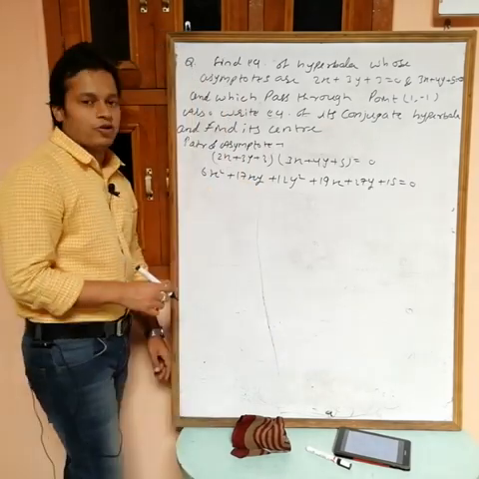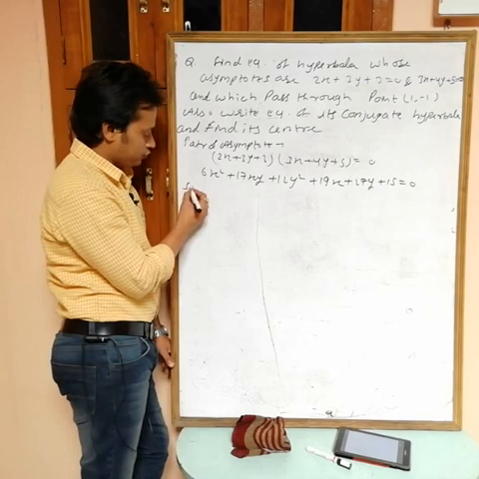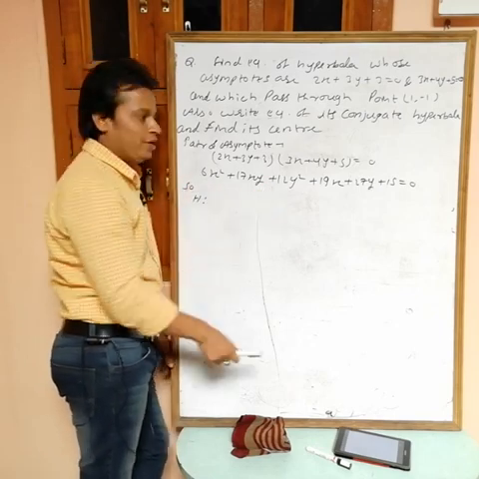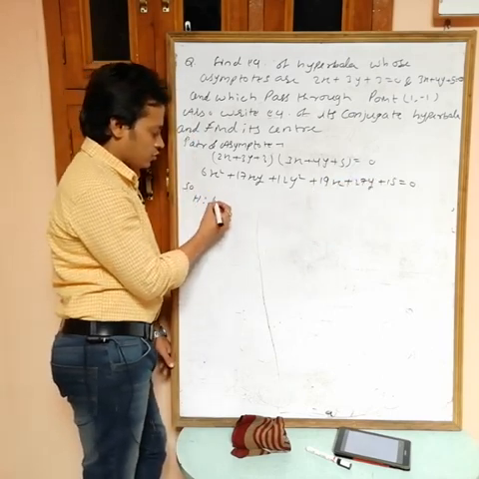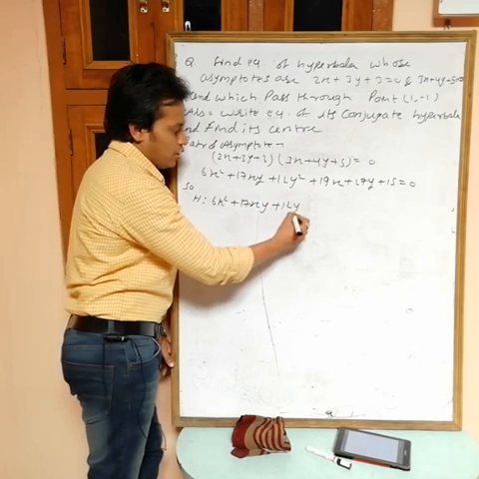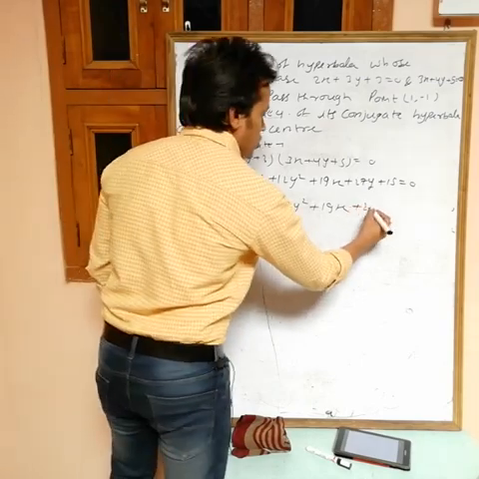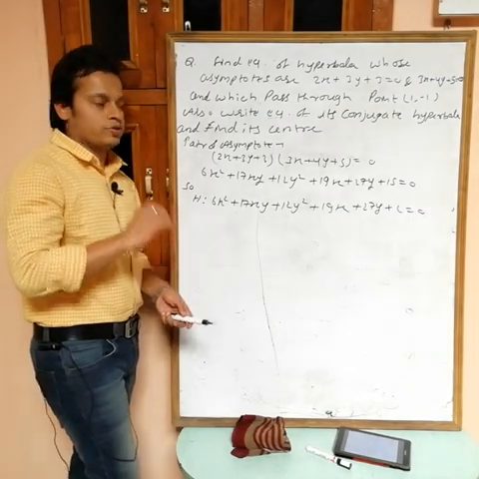This is the pair of asymptotes. Now what do we want? We want the equation of the hyperbola. So for the hyperbola, these terms remain the same, only we have a difference in the constant term. So 6x square plus 17xy plus 12y square plus 19x plus 27y plus c equals 0. I am assuming that the constant term is c.